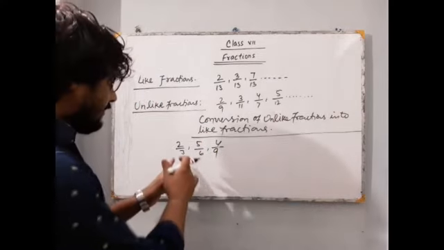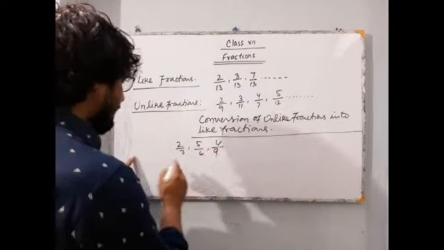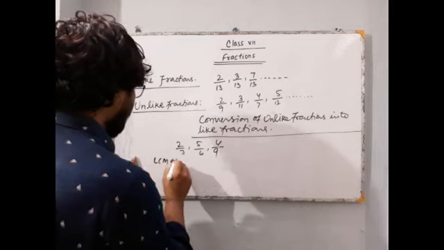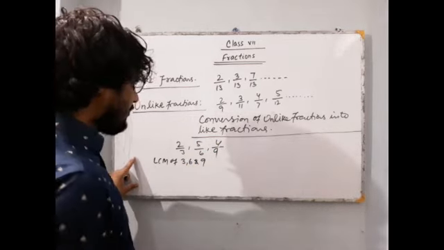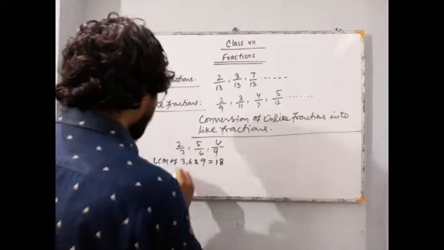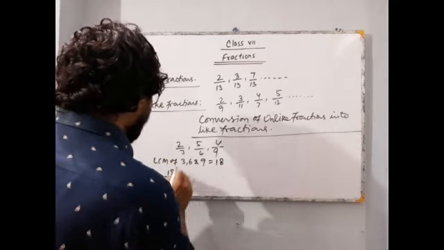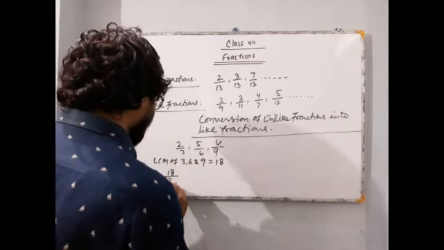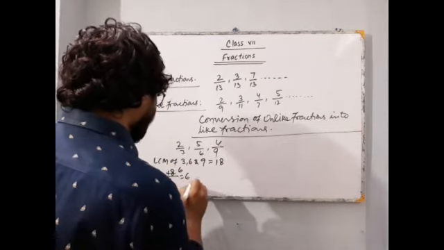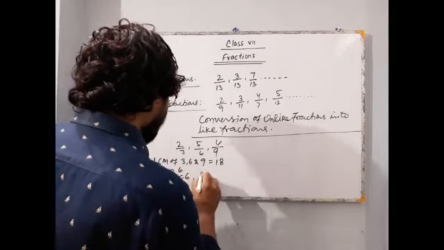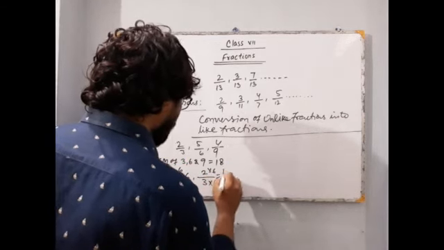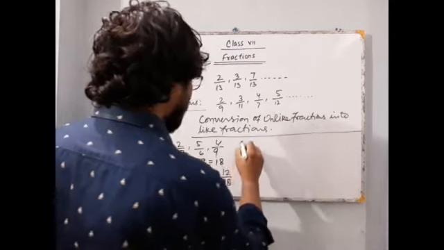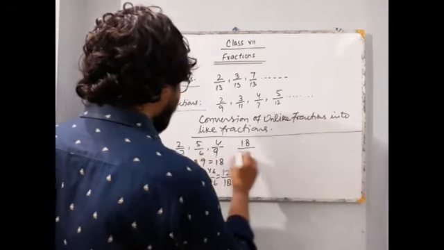At first take the LCM of 3, 6 and 9. LCM of 3, 6 and 9 is equal to 18. Now 18 is divided by each denominator. 18 divided by 3, we get 6. Now first fraction, 2 by 3, is multiplied by 6. We get 12 by 18. Now LCM is divided by second denominator.